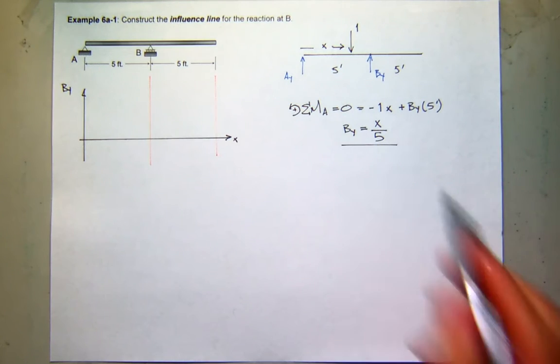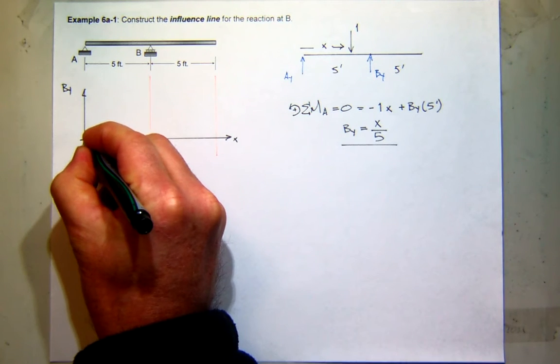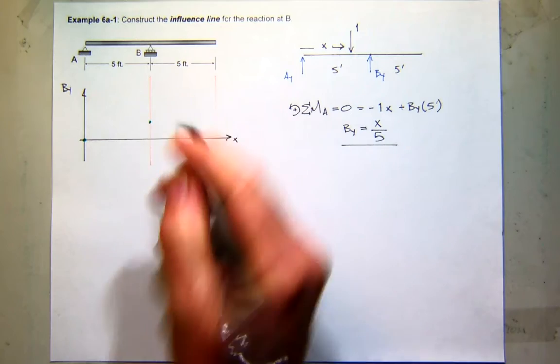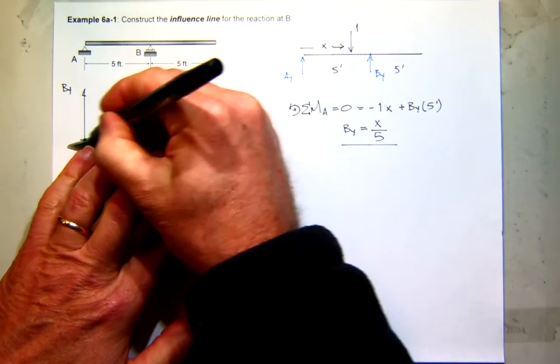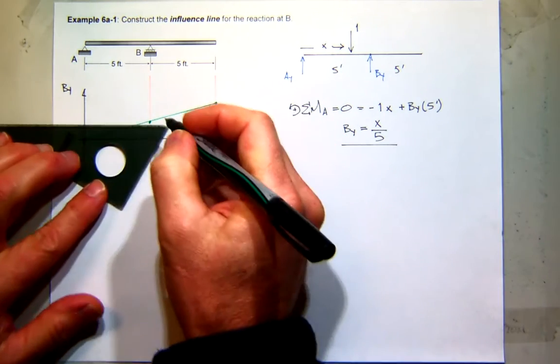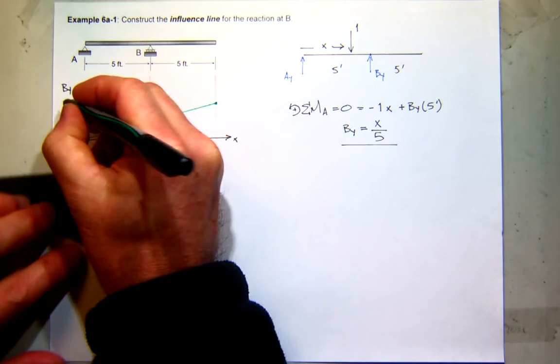So at x equals 0, it is 0. At x equals 5, it is 1. And at x equals 10, it is 2. So that would be a value of 1, and that would be a value of 2.